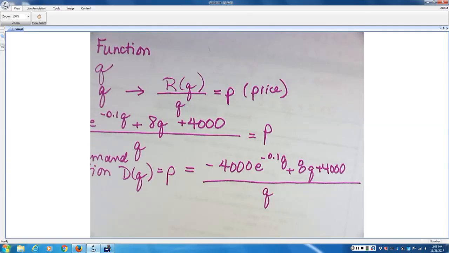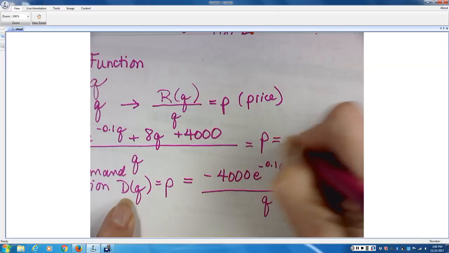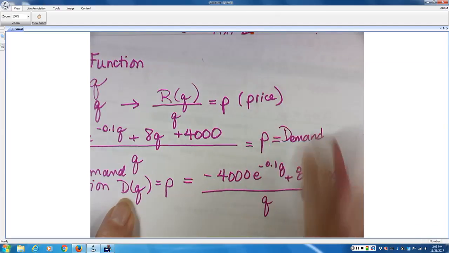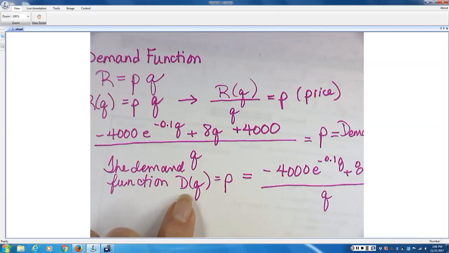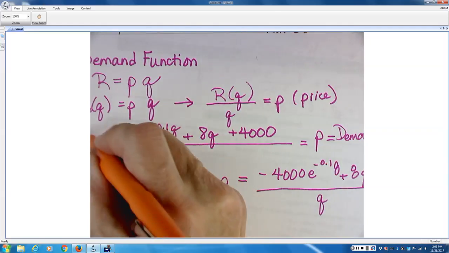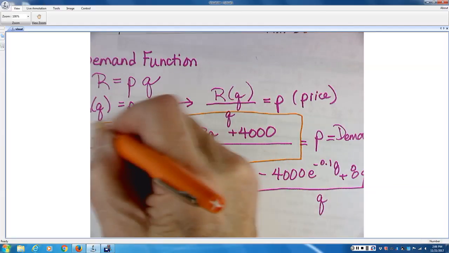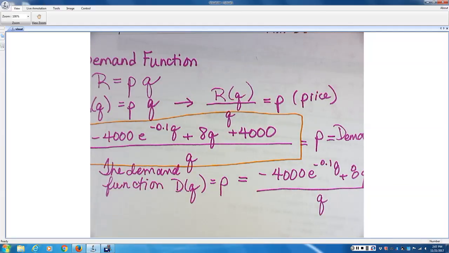It's basically that function up there. P is equal to D of Q, so that's actually your demand. So there's the expression for your demand right here. A lot of concepts to remember. Okay?